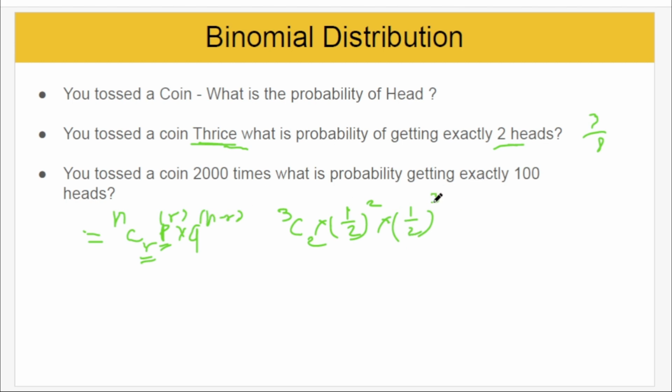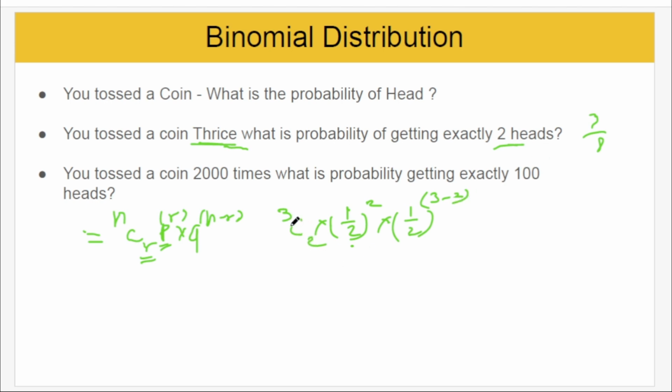What is n? It is 3 minus 2. Correct? 2 successes, 1 failure. That is what we want. That's why success probability is raised to the number of successes, and failure probability to the number of failures.